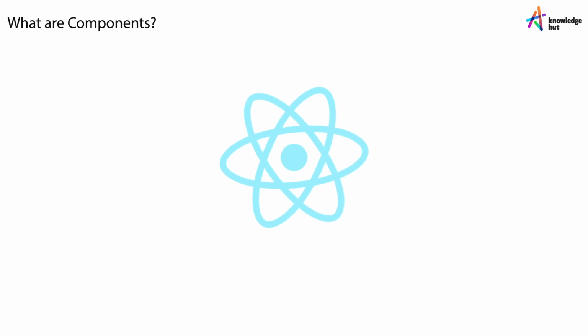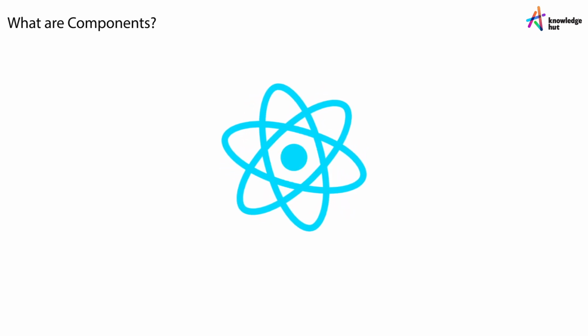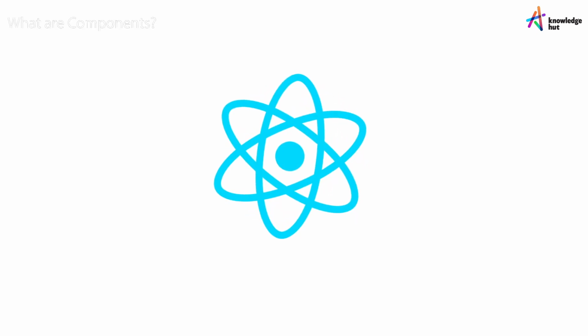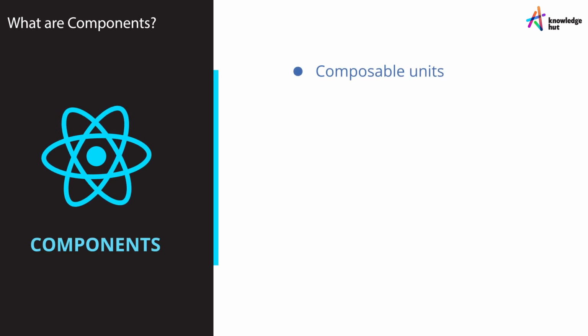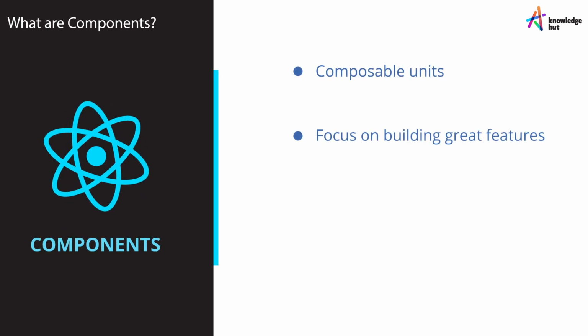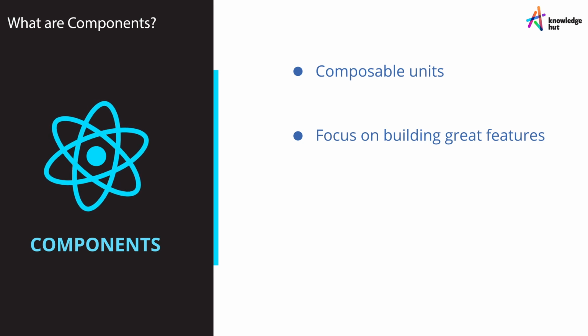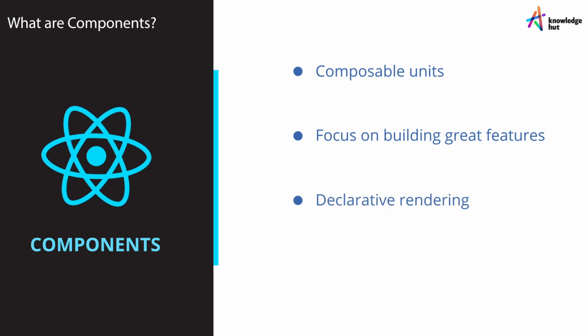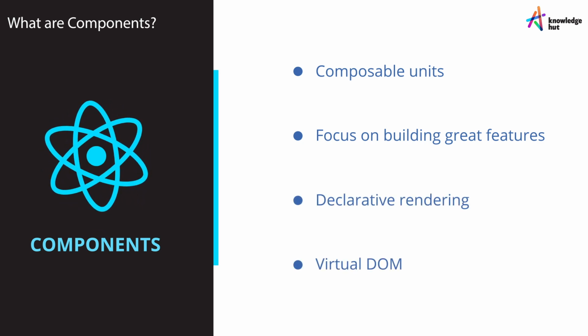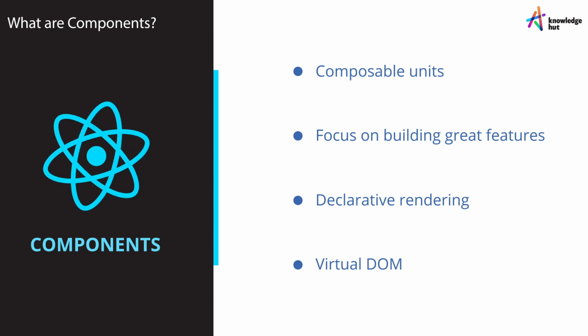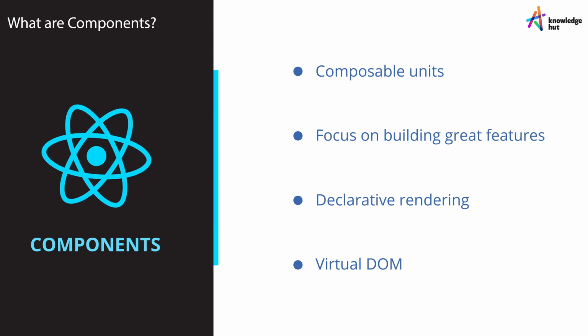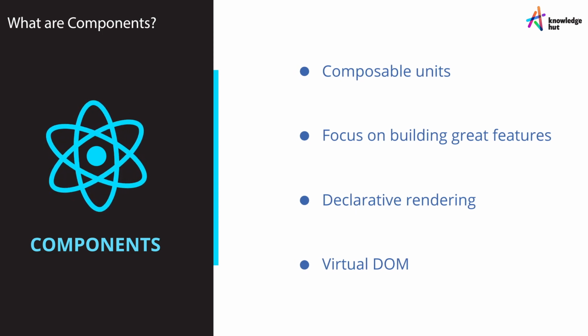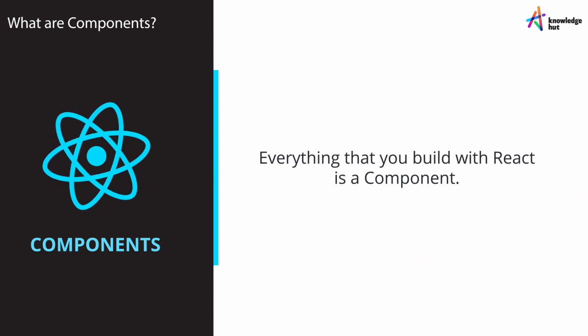This is what makes React a battle-hardened solution that you can bank on safely. Components are composable units that let you focus your energies on building great features. Add declarative rendering with state and the virtual DOM, and you've got yourselves the right toolkit for building great user interfaces and apps. Remember, everything that you build with React is a component.